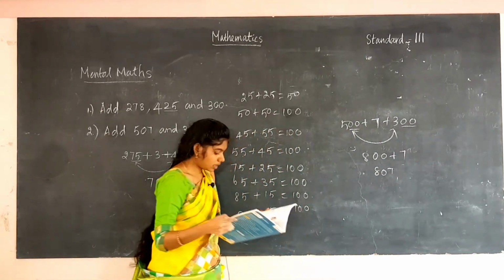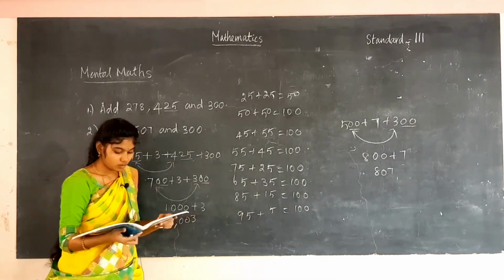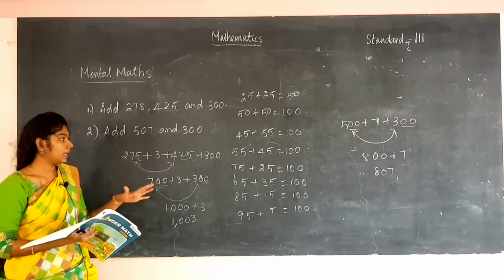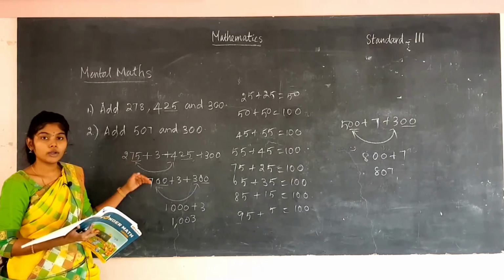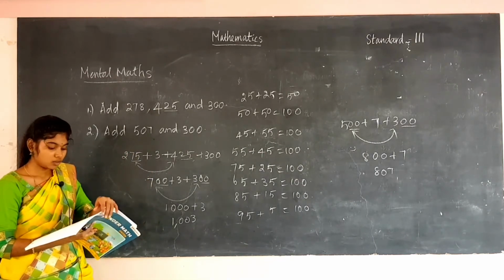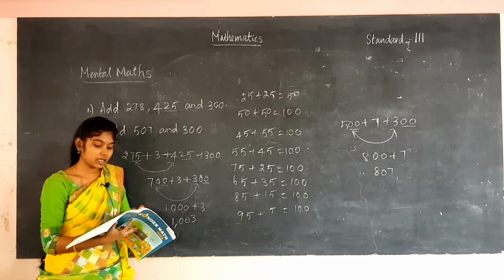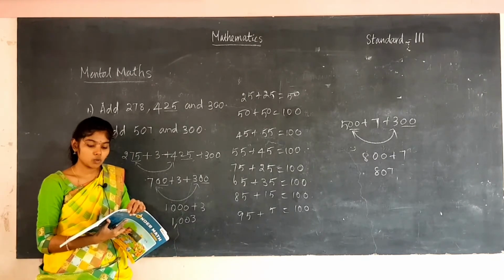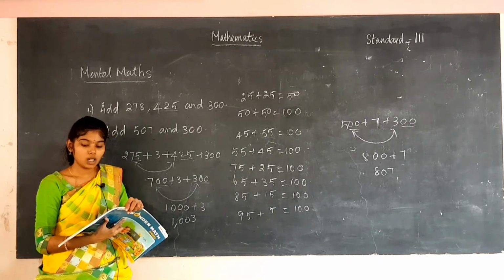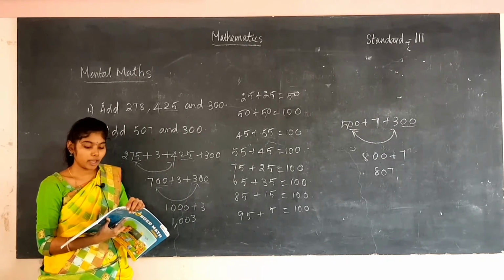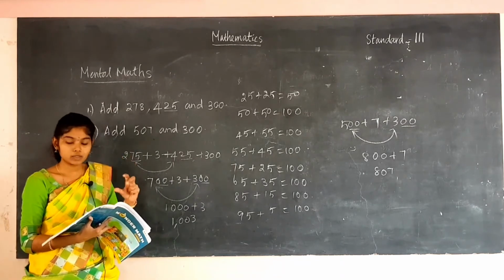So this is the thing that is given for you. This is the easiest way of adding the numbers. This is what we are going to do mentally. The first one is given for you. See, check page number 63. Add the given amounts to help Azu find the total amount her mother needs to pay to the shopkeeper. So some of the items are given for you.